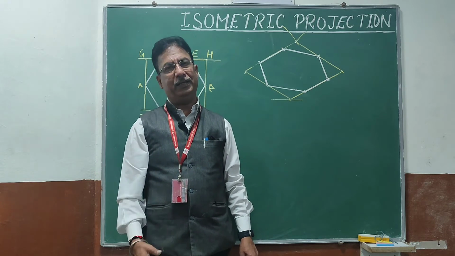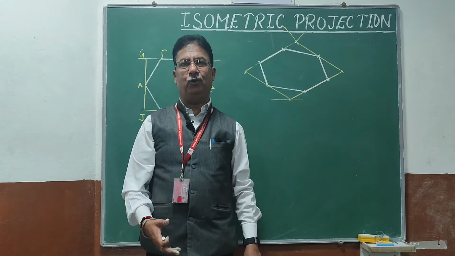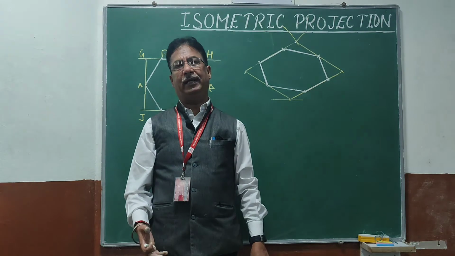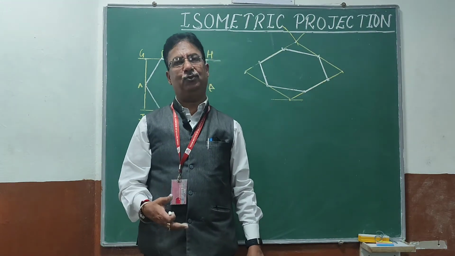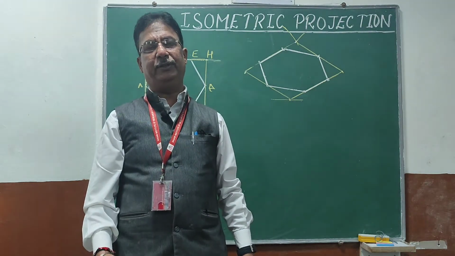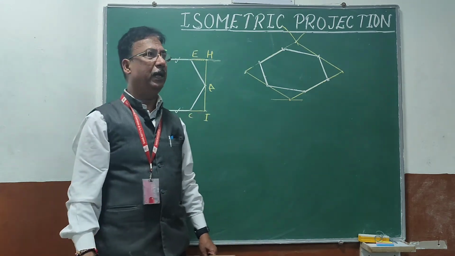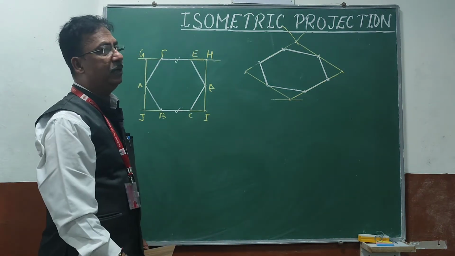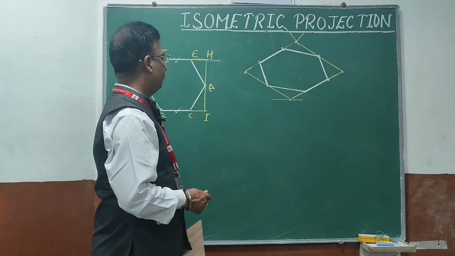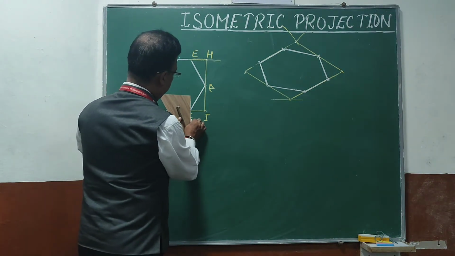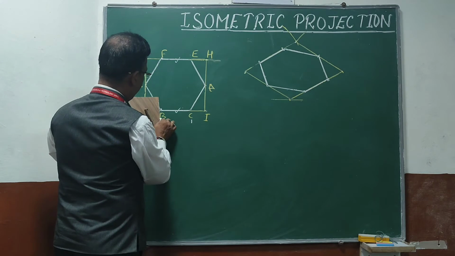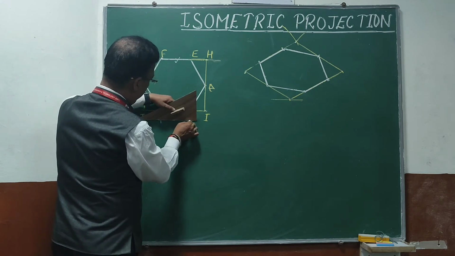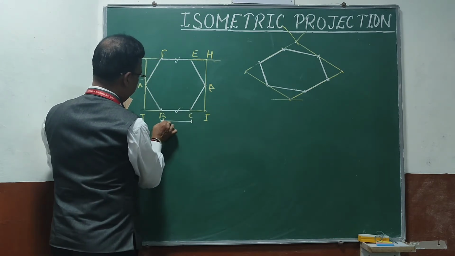That is the property of non-isometric lines: as I already told you, sometimes non-isometric lines can also retain their true length, sometimes they reduce, sometimes they enlarge. So this is the simplest way to draw the isometric projection of a regular hexagon when it is placed like a top view, and this length I have taken is 25 mm.